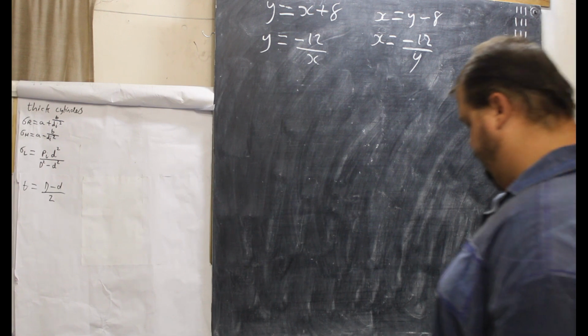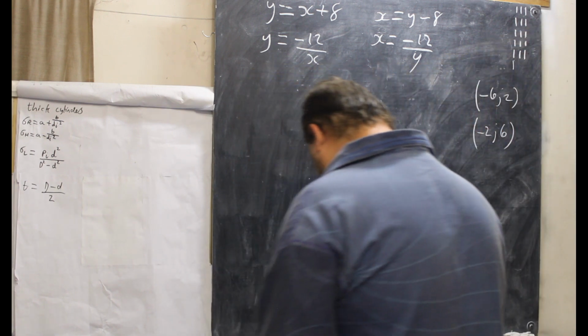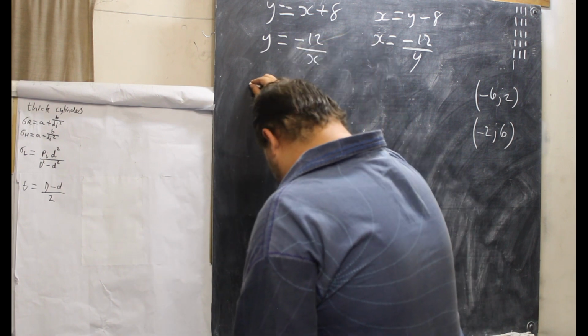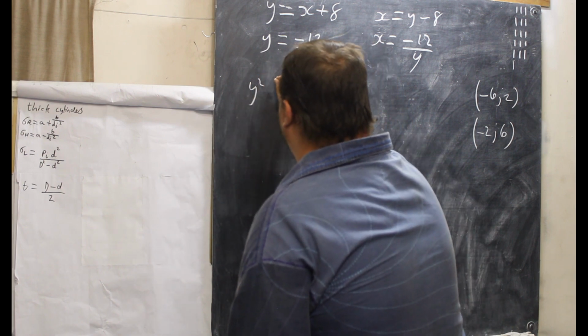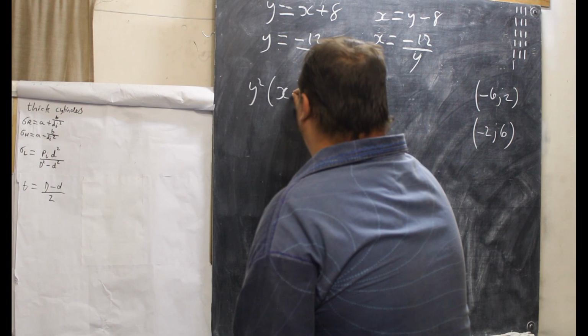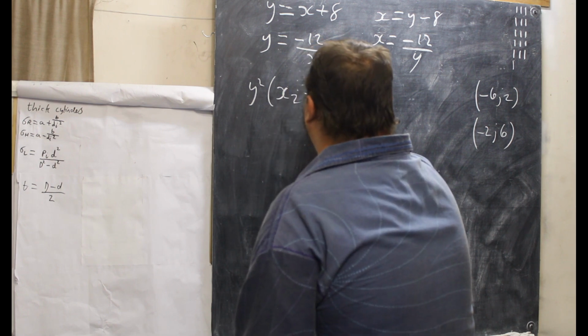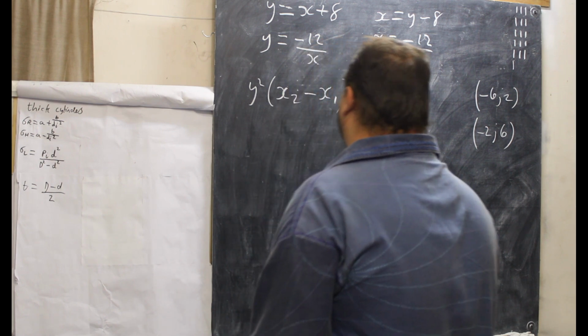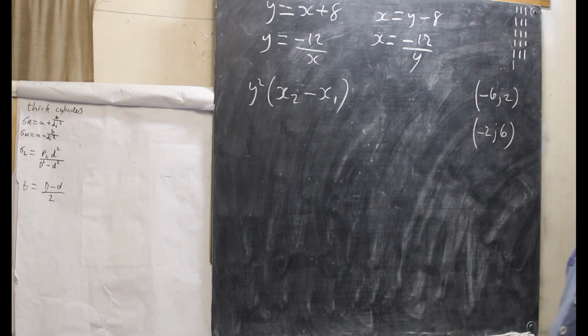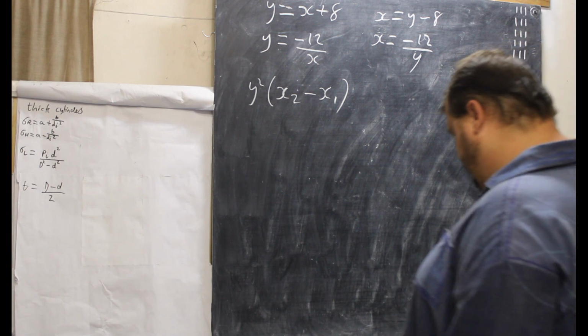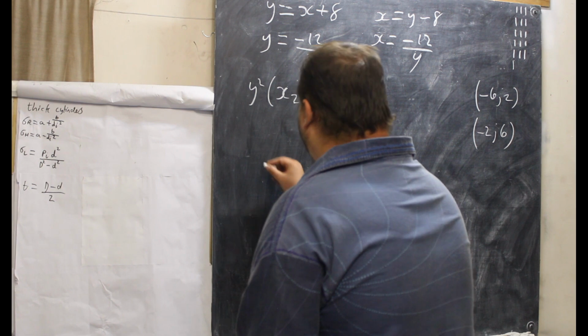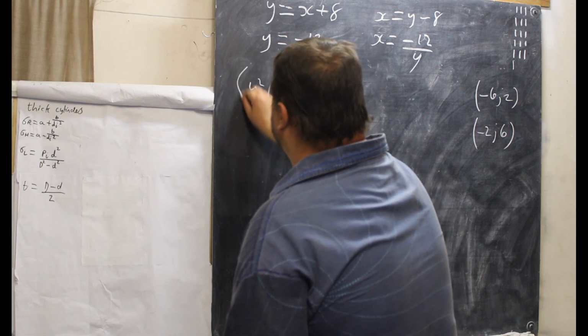Simple to do. Now, next step is we have to say y squared times x2 minus x1, and it's an integral.